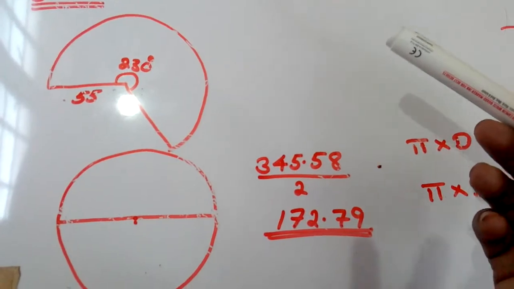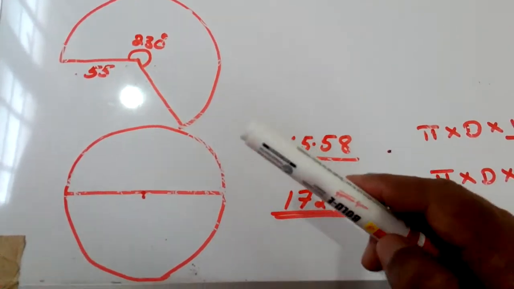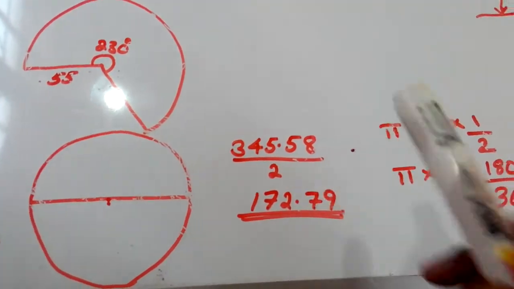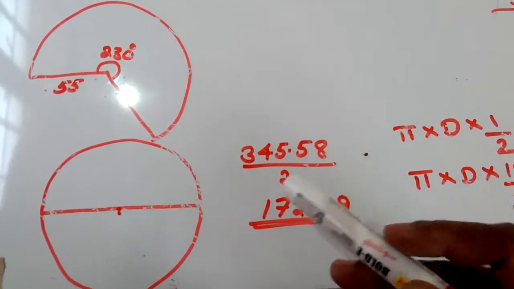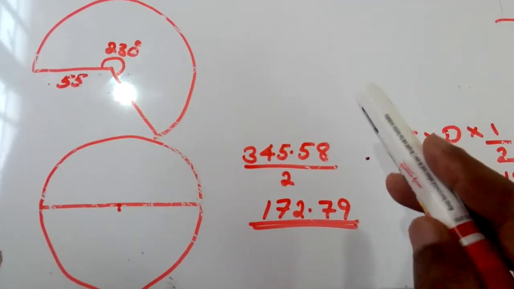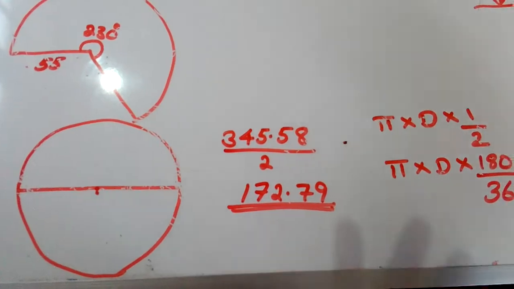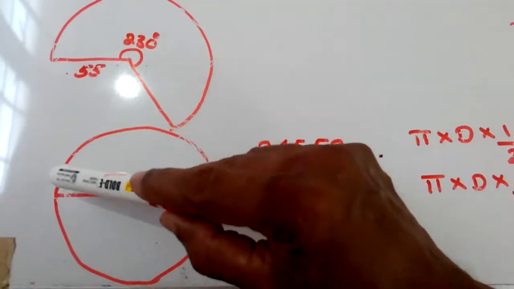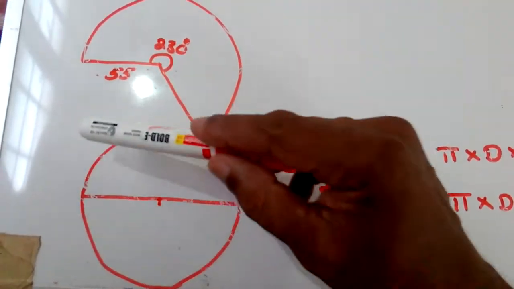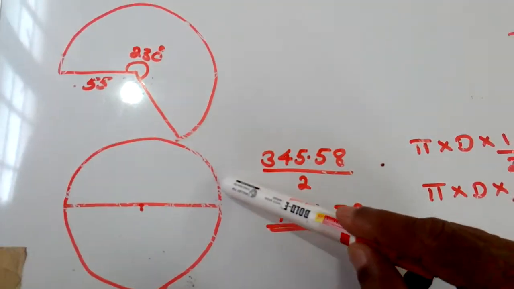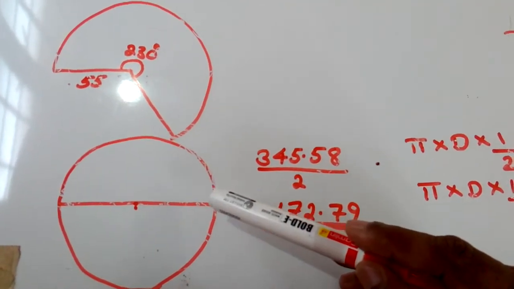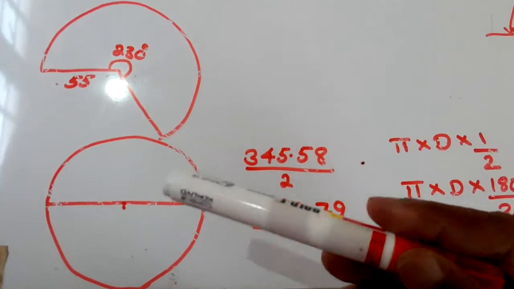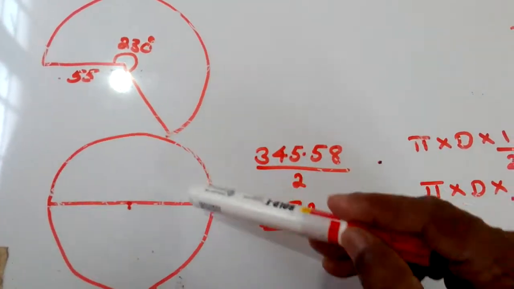In another way, how much we need, that is the part of how much small part it is. We have to recognize it, because if it is 360 degrees, this one is the 1 by 2 part of the total 360 degrees.